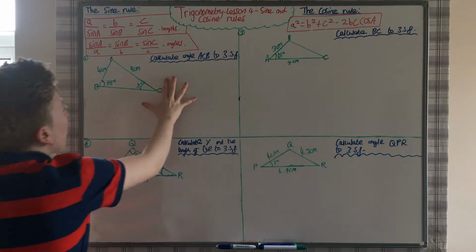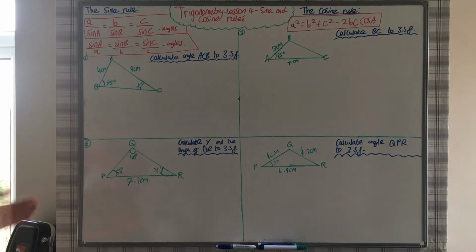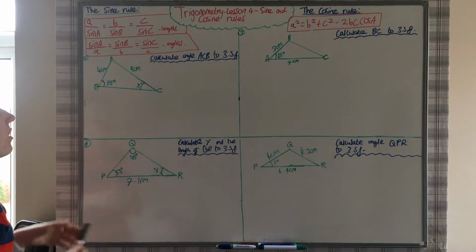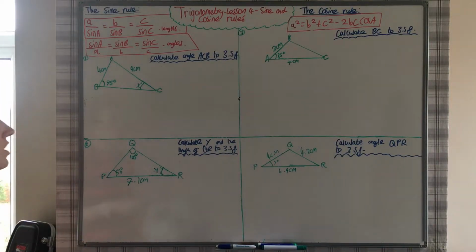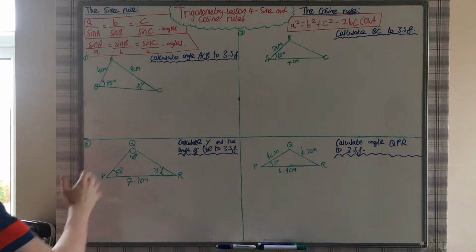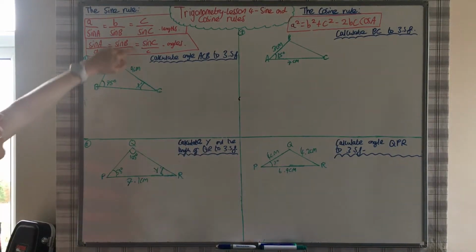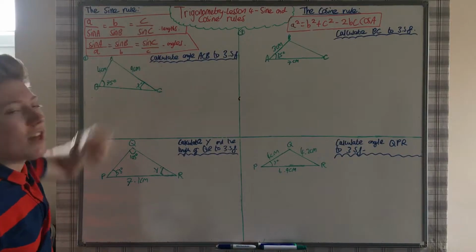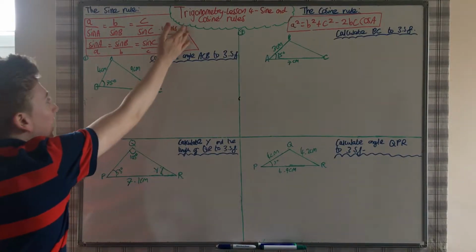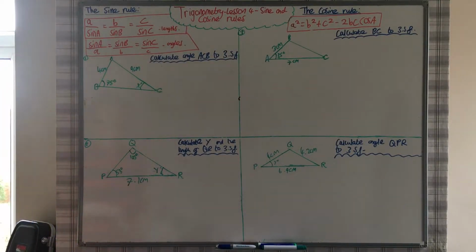If you can rearrange equations, then you'll simply be able to see that we can turn the fractions upside down and use cross multiplication to make one of these the subject of the equation, and therefore to solve for either an angle or a length. But if rearranging equations isn't necessarily your strong point, then I would recommend that you learn these two separate formulae for finding either missing lengths or missing angles.